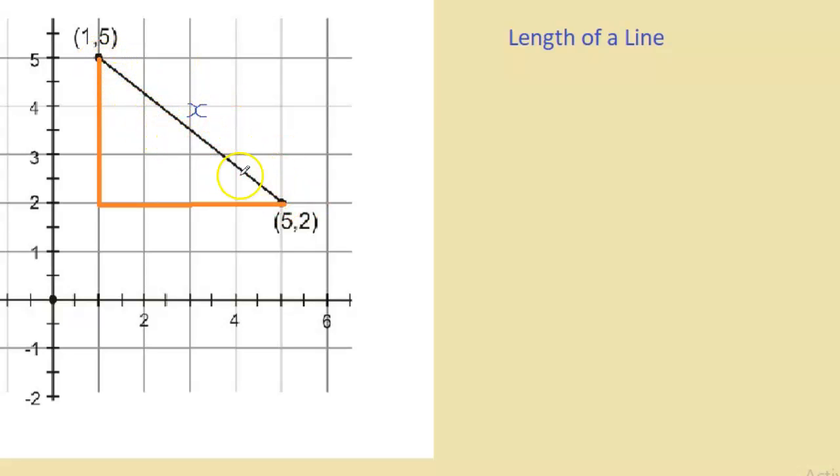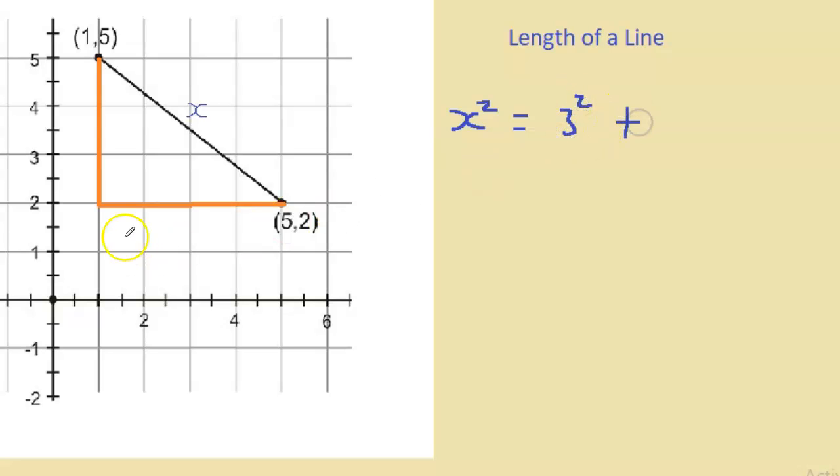The hypotenuse squared, so x squared, would be equal to the sum of the squares of the other two sides. How many squares do we have here? 1, 2, 3. So the height of the triangle here is 3 units. Agree? So 3 squared.